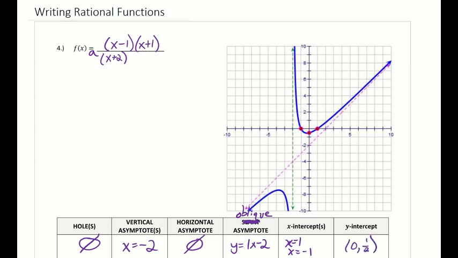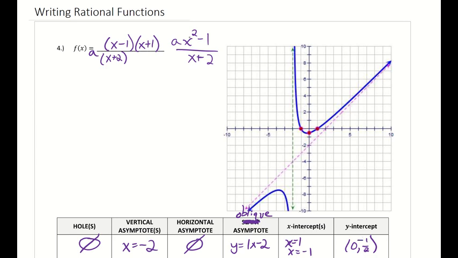So with this, that'll help us find our a value, because looking here, we have an oblique asymptote, because if we multiplied this numerator out, we'd have x squared minus 1 divided by x plus 2, and we'd have some a somewhere. So we want to double check to see, using our y-intercept, to substitute 0 in for x and see if we end up with -1/2.